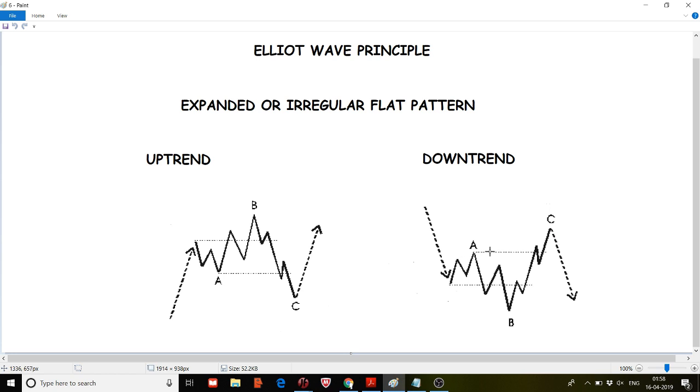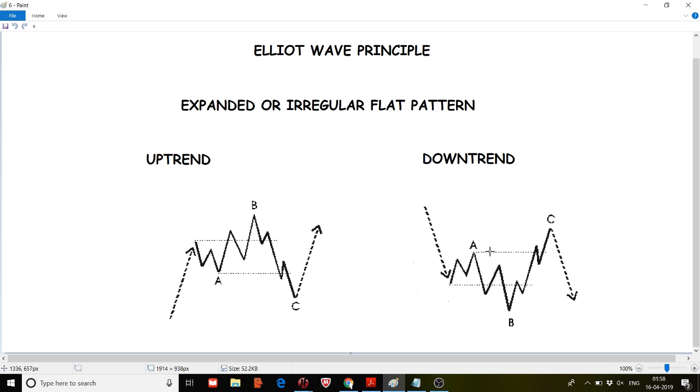So wave C will be longer in length than wave A, and wave B also will be longer in length than wave A. Both wave B and wave C will for sure be longer than the length of wave A. This is the easier thing to keep in mind.